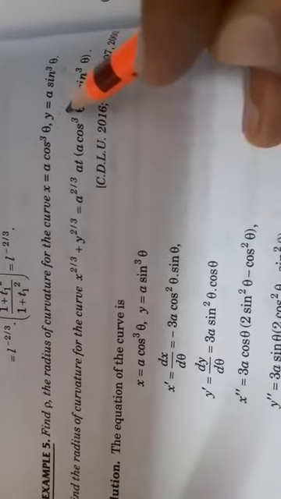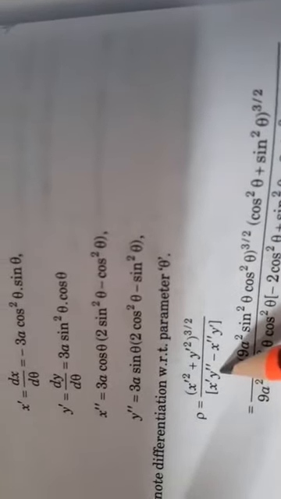In parametric form, the radius of curvature is given by this formula: (x′² + y′²) whole raised to the power 3/2 upon (x′y″ − x″y′). Here x′ means derivative of x with respect to θ, y′ means derivative of y with respect to θ, y″ means double derivative of y with respect to θ, and x″ means second order derivative of x with respect to θ.